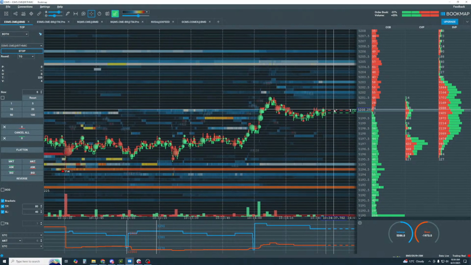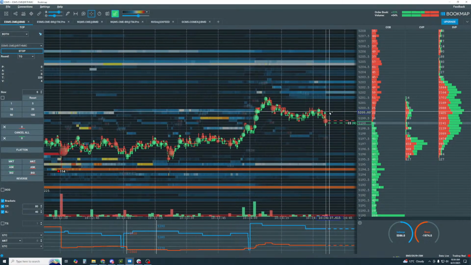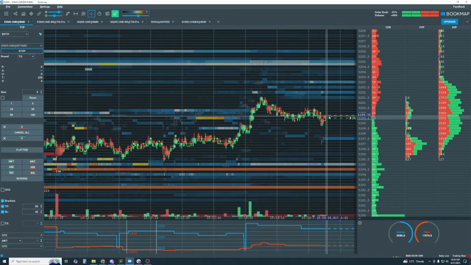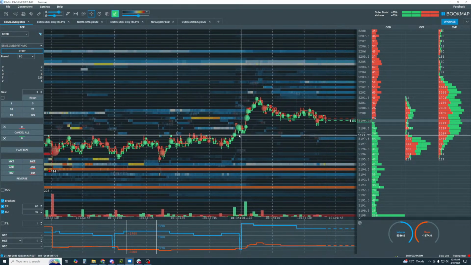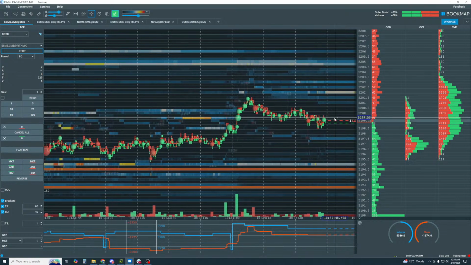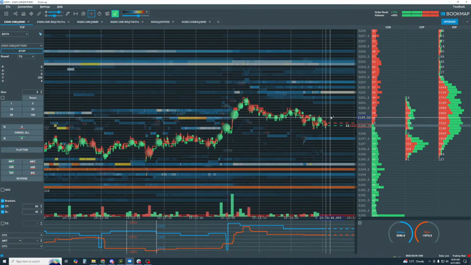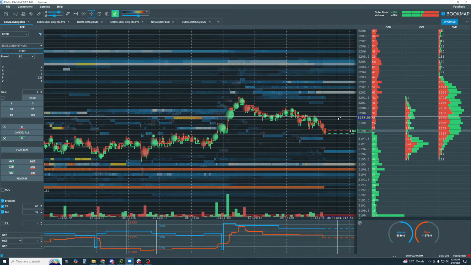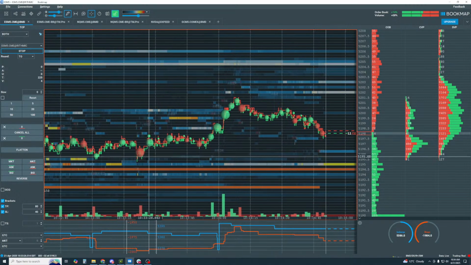I'm going to take a shot at it here. Again, this is not financial advice, but we're looking for a continuation pattern in here. We had a move up. We had some of this high liquidity trade in here, but we're looking for these buyers to come back in. Not seeing them yet.